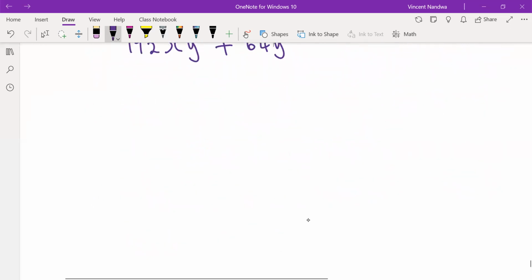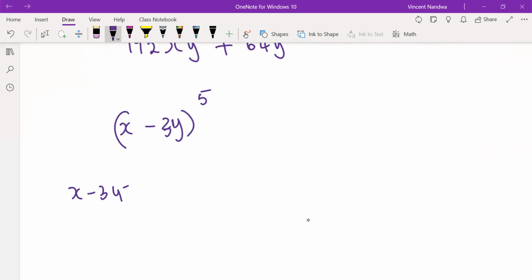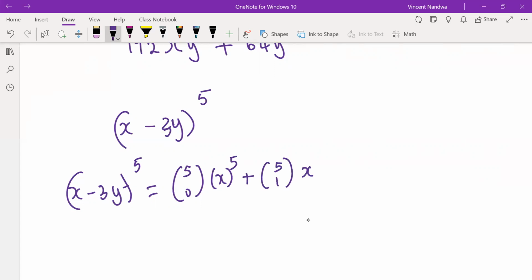And then use binomial expansion to expand (x minus 3y) power 5. So (x minus 3y) power 5 means 5 combination 0 of x power 5, 5 combination 1 of x power 4 times (minus 3y) power 1.